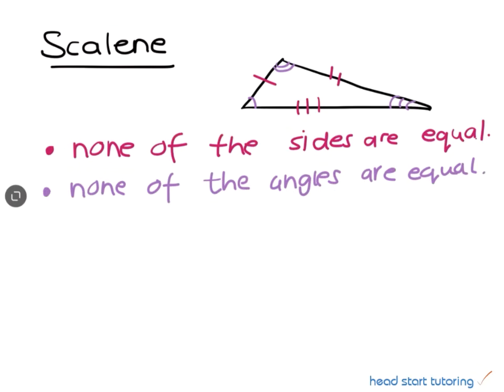And it has no lines of symmetry. Right, and these quite simply are the properties of your scalene triangle.